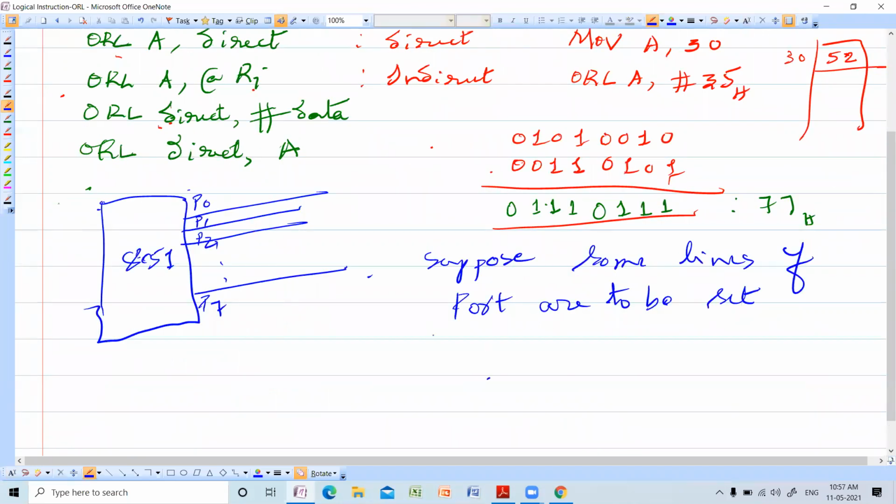What you have to do is simply write ORL P1, hash 32H. What is 32? 0011 0010. This is D0, D1, D2, D3, D4, D5, D6, D7. So you are ORing with the port 1 lines.